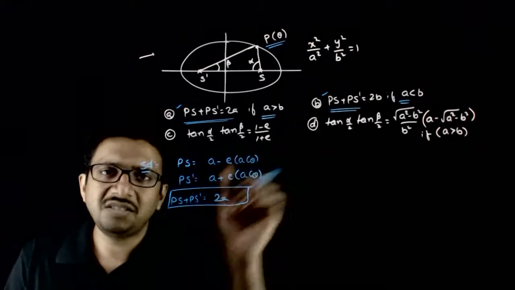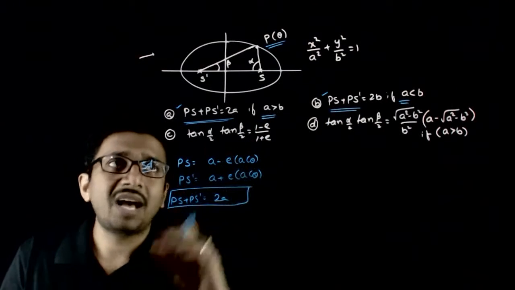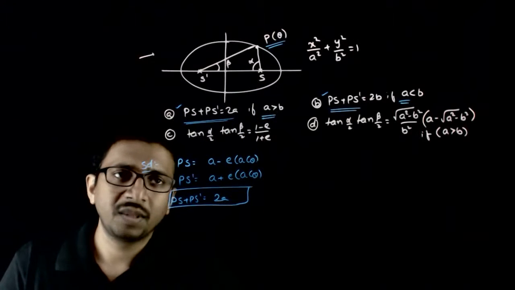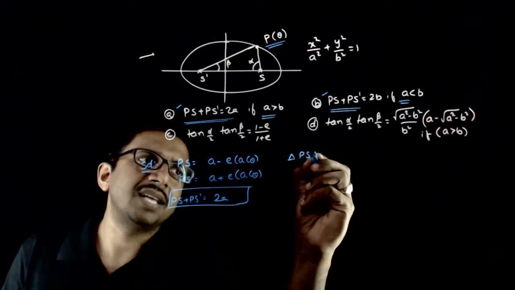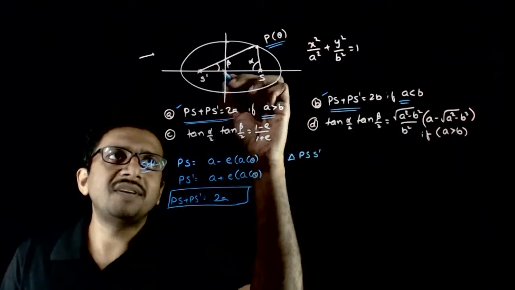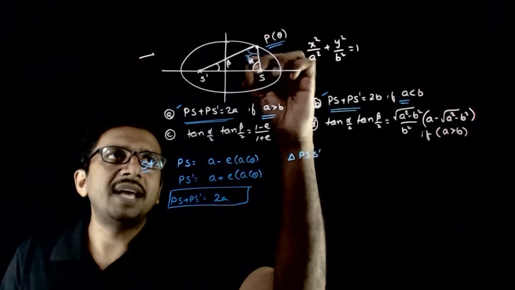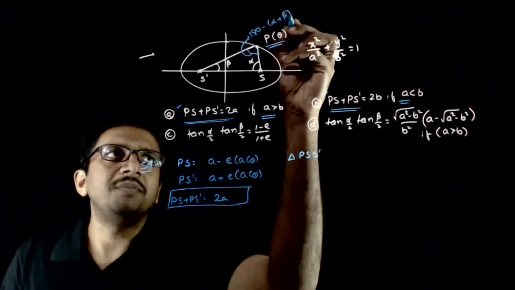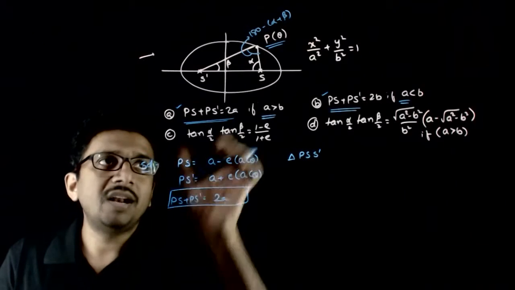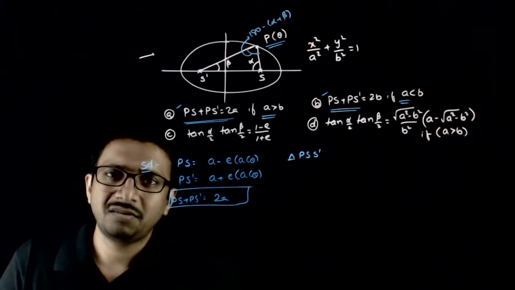Now let us check the options in terms of the angles alpha and beta. As you can see in triangle PSS dash, one angle is alpha, the other angle is beta. So the third angle will be 180 minus (alpha plus beta). Now let us use the sine rule in this triangle.